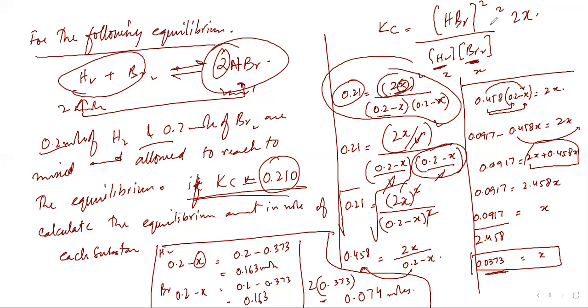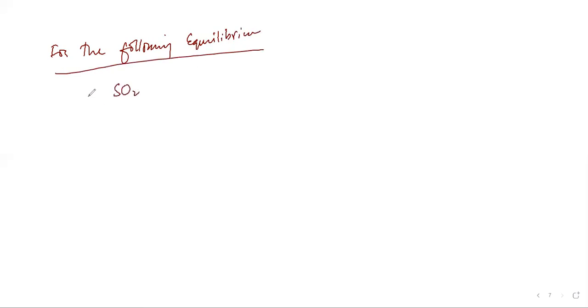So one testing problem for the following equilibrium: SO2 plus O2 reversibly producing SO3.